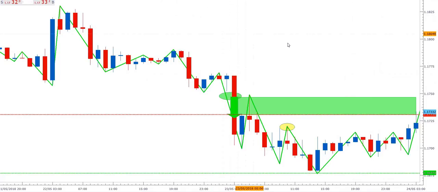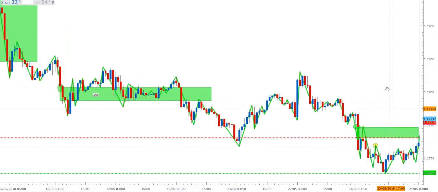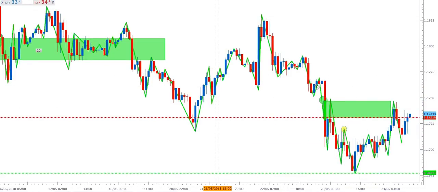So our profit on, actually, let's just quickly draw our profit on all of these. So we've got 20 pips on that one. And we've got, I'm guessing, just a little bit less than 20 on this one, probably like 15 or something. So 15.2.